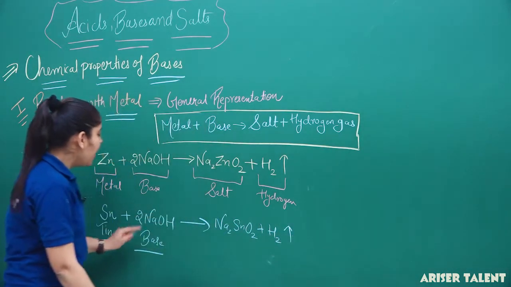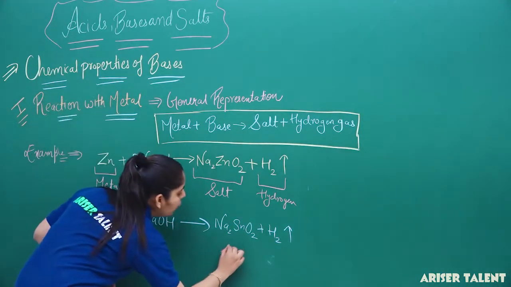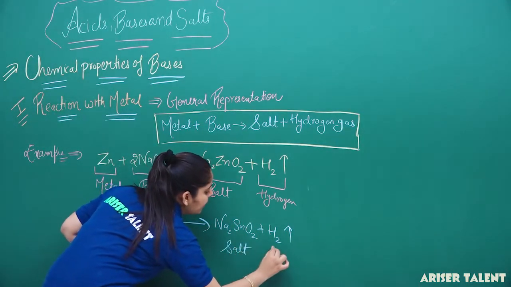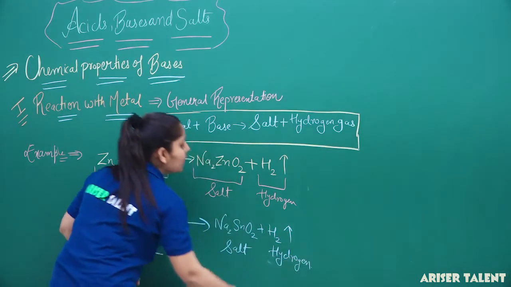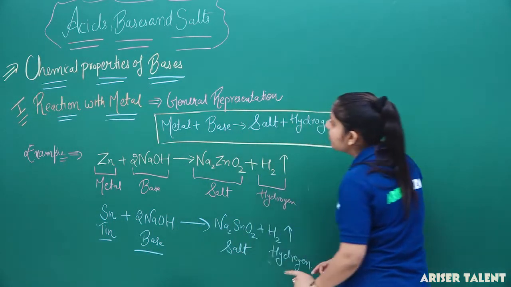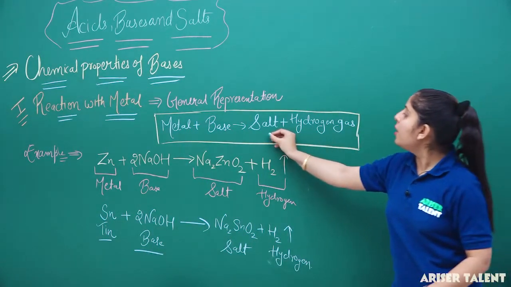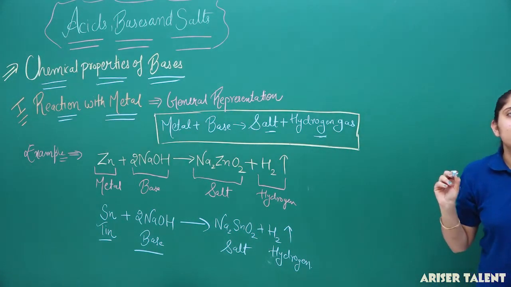Again, we have seen that when the metal reacts with base, the corresponding salt is obtained with the liberation of hydrogen gas. So, bases generally react with metals to form salt and hydrogen gas.